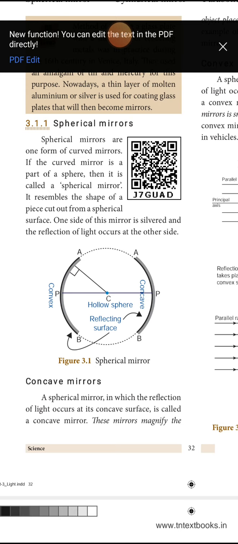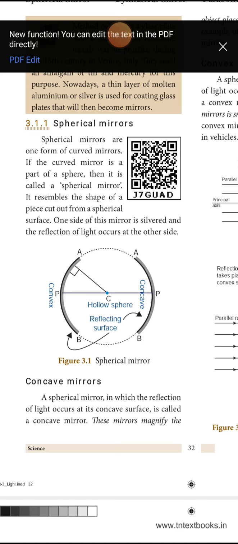Spherical mirrors are one form of curved mirrors. The curved mirror is taken from a small part of a sphere. For example, a glass bangle will be in the shape of a sphere, round. If a part of the glass bangle is broken, that part is called a spherical mirror.